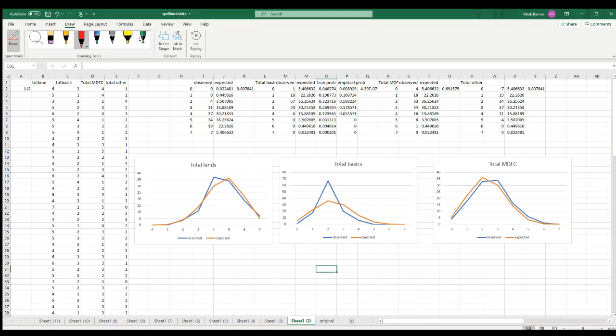So I used that to generate actual starting hands, and this is the result. So this is from simulated data. What you're seeing here is not the real data, but simulated data.